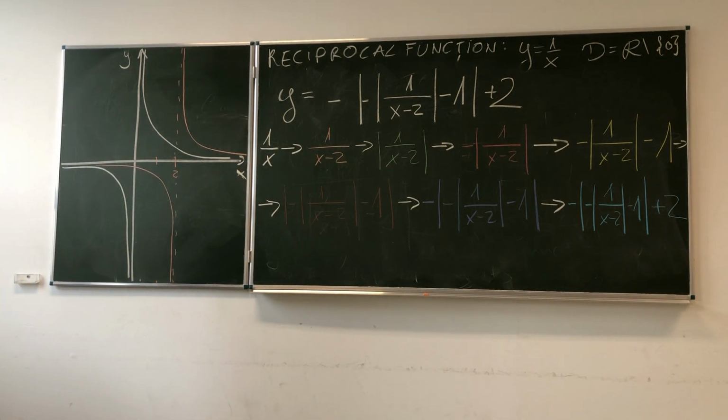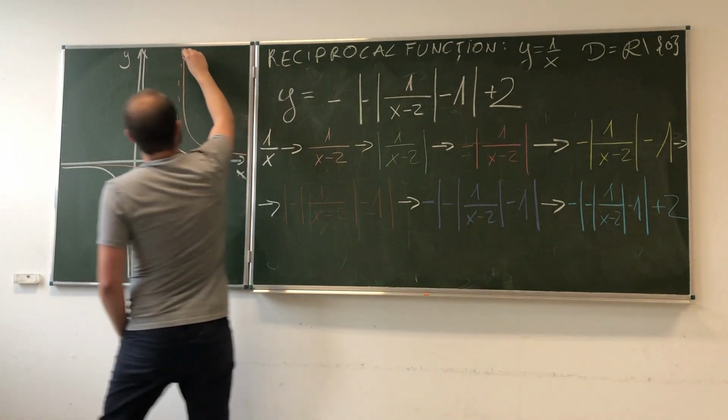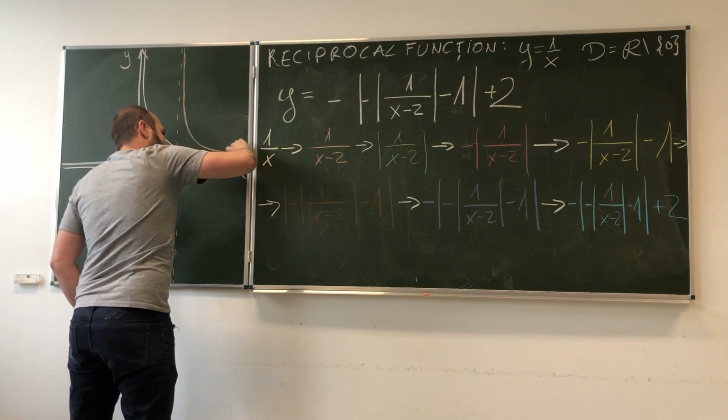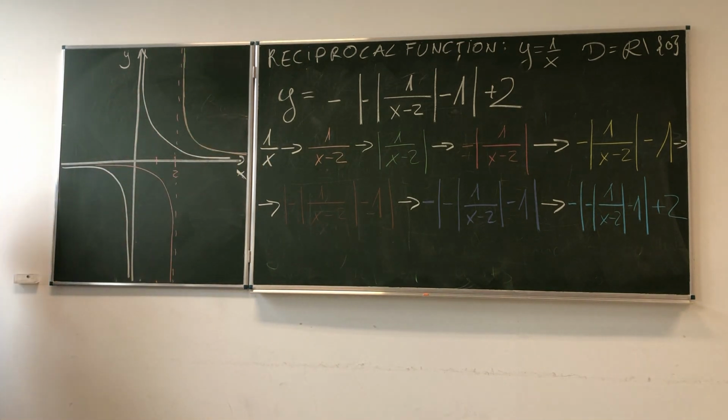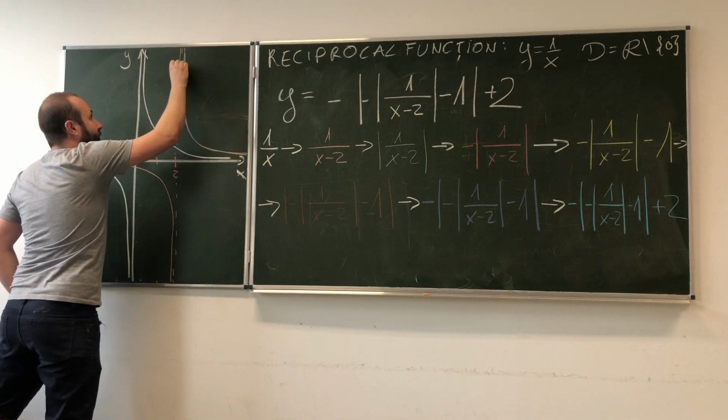Then we need to take the absolute value of this expression, which means that this part remains the same because it's positive, but this part is negative, so we obtain a mirror reflection.